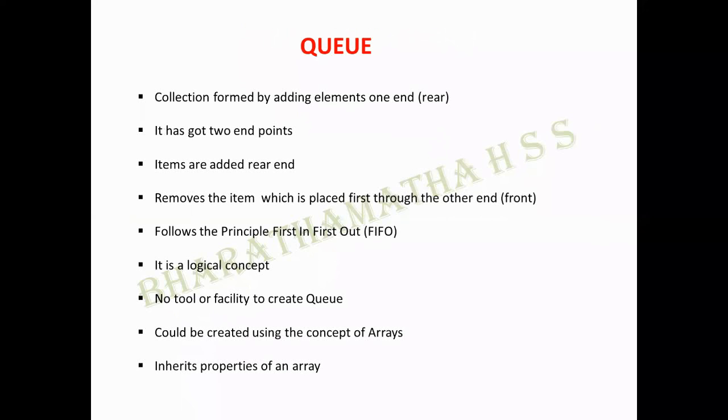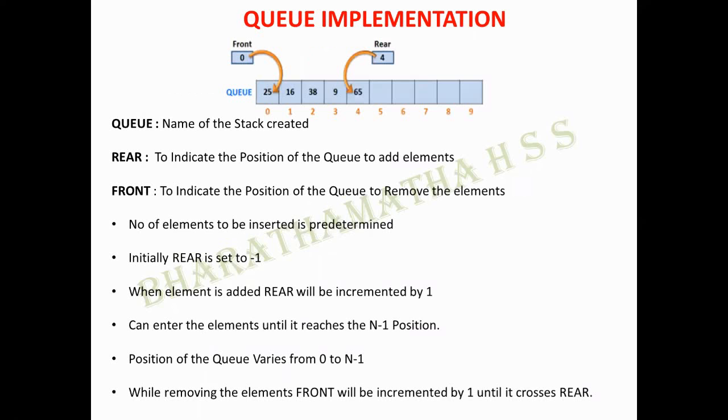What is meant by a queue? That is also another arrangement of data, which follows the first in first out principle. Then we saw the implementation, which has two ends, the rear end and the front end, through which elements are given in and taken out.